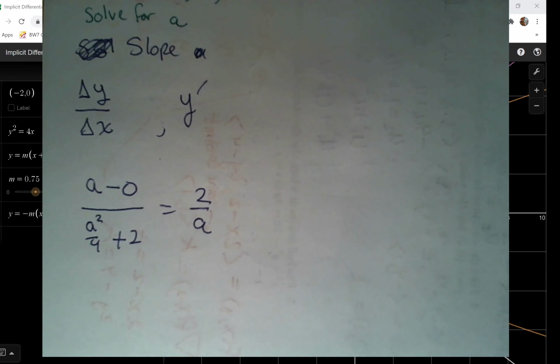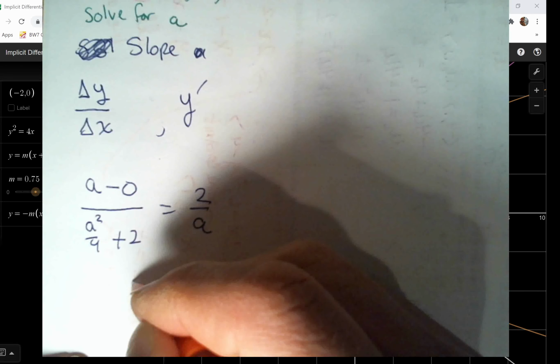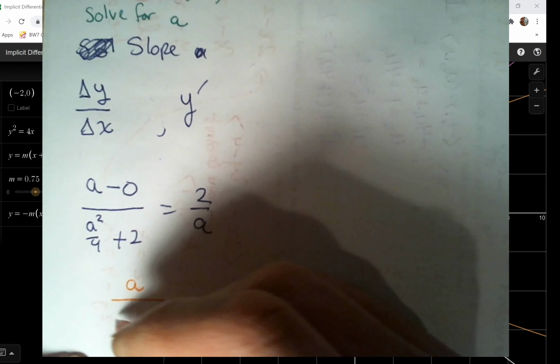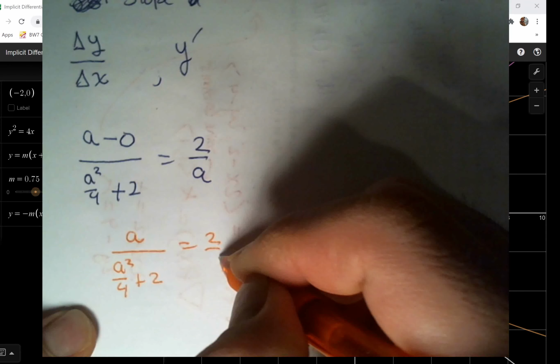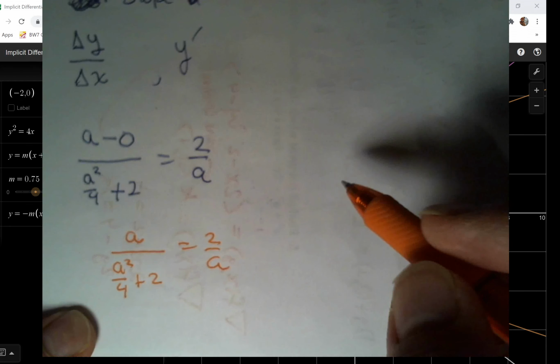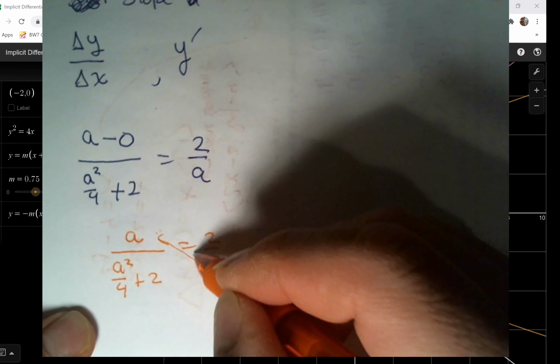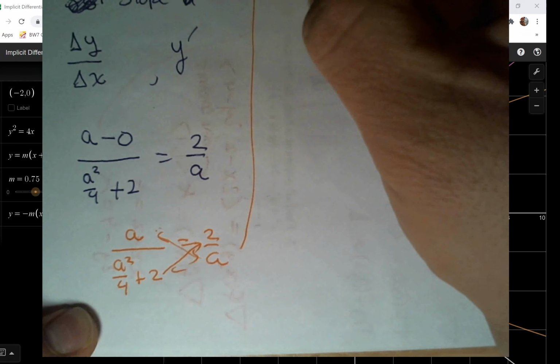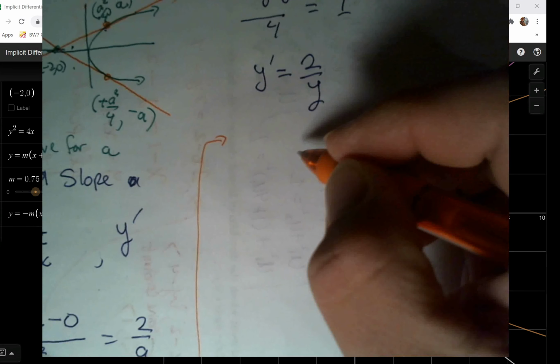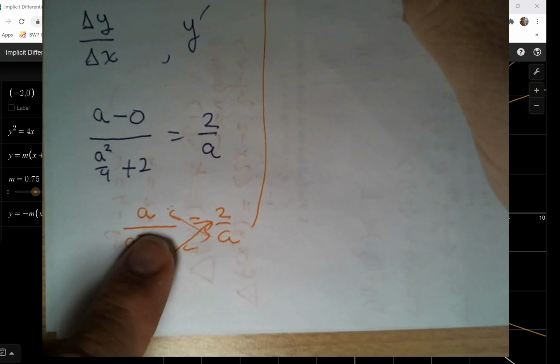Let me rewrite it with a little bit of simplification here, and then I'm going to cross multiply. When I cross multiply, we'll get a times a.